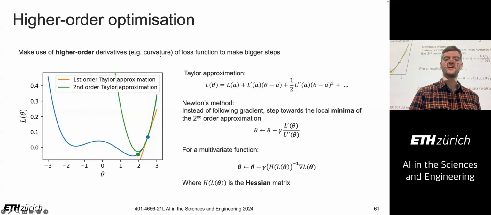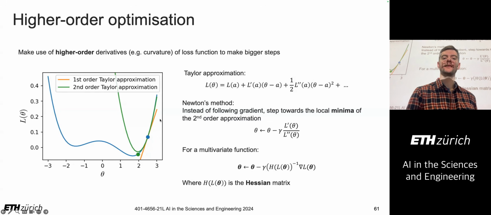So if we take this loss function here, which is just a scalar function of this single parameter, we can use a Taylor approximation to approximate this function locally around some point. And hopefully you all know about the Taylor series. What we normally do is just estimate the gradient, so the first order term in this approximation, and we use that gradient to take a step.